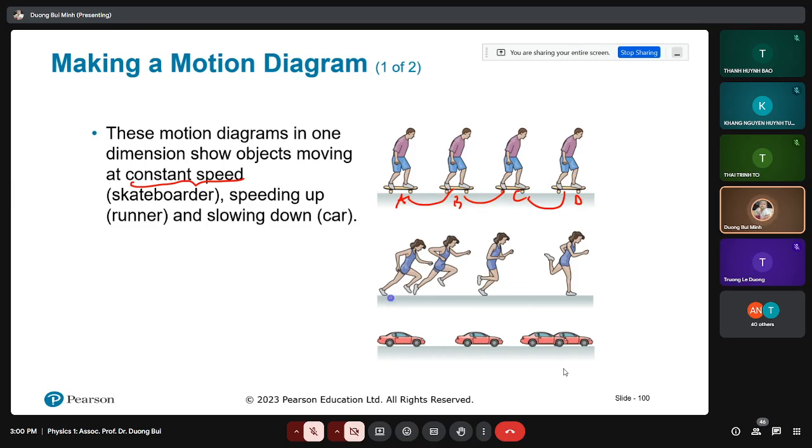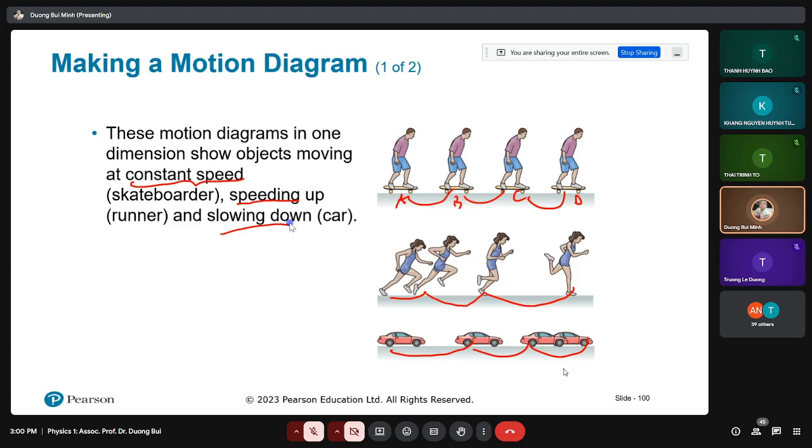But for this one, the distance is small and then larger, small and larger, so the speed is increasing. Now the distance is far and then shorter and shorter, so the speed is slowing down.